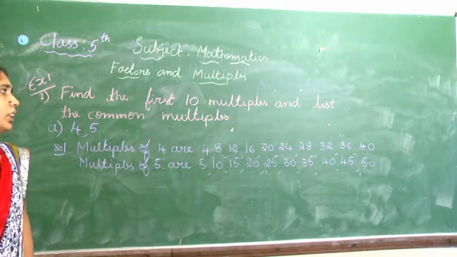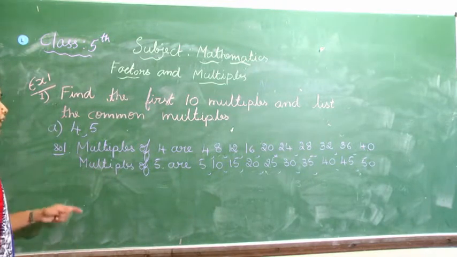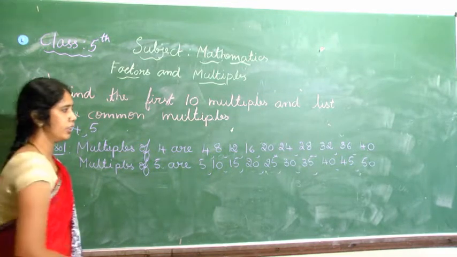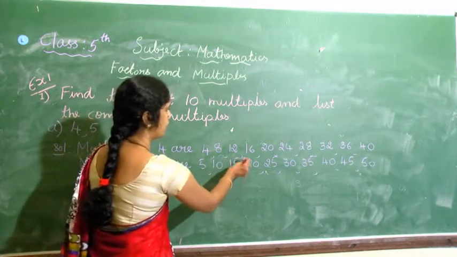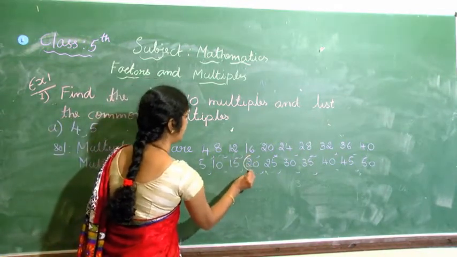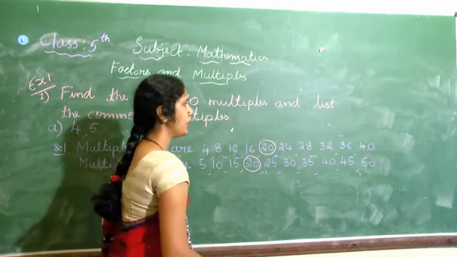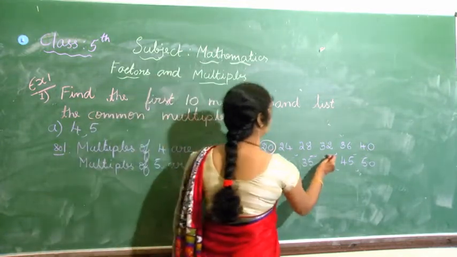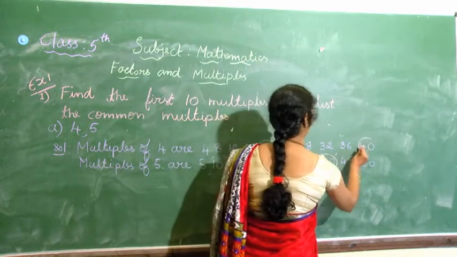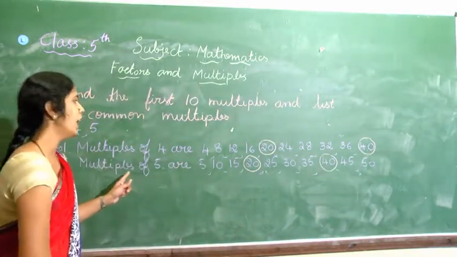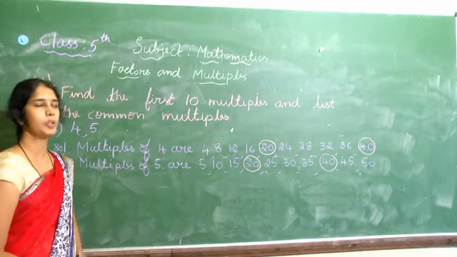Now, dear children, tell me, what are the common multiples here? 20 is a common multiple. 40 is a common multiple, which is there in both multiples of 4 and multiples of 5.